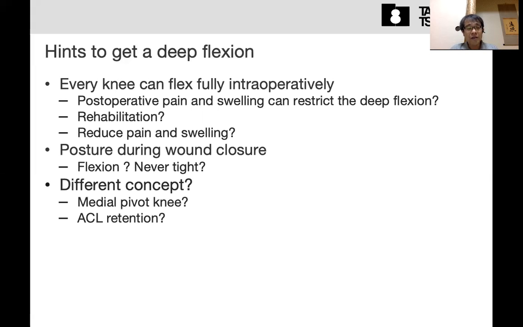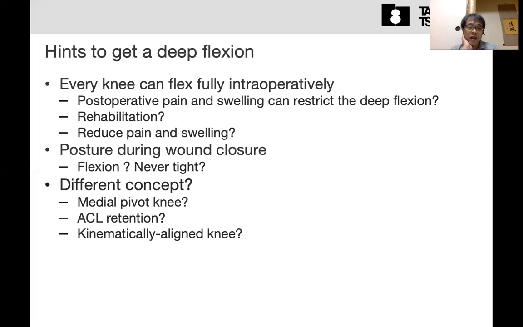So yes, different concept knees. I explained about the medial pivot knee and ACL retention. Currently, the bicruciate retained knee is the focus. Sometimes it can give very good postoperative ROM.